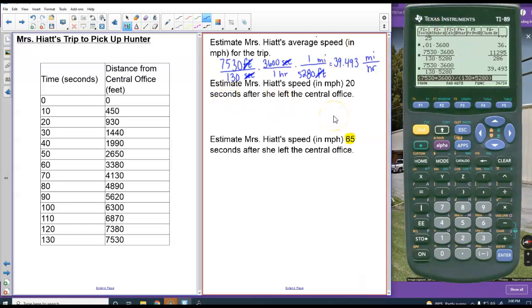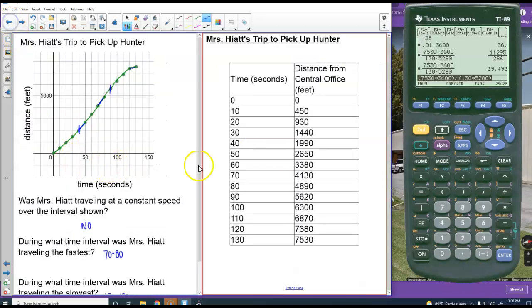So let's estimate my speed 20 seconds after I left Central Office. Okay? So let's think about this. If we're going to estimate this, I'm going to go back to the graph real quick. 20 seconds after I left Central Office, we're talking about right here. If I'm estimating that time, I don't want to know the average speed of my trip to that point. I want to know my speed right then. So if I want to estimate this, I want to estimate really close to that point, right?